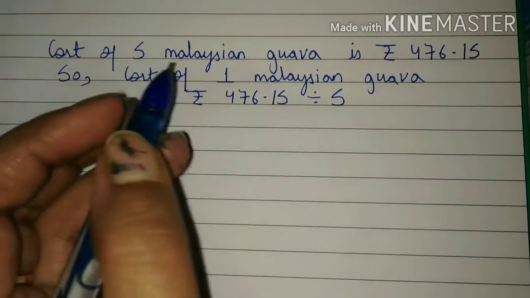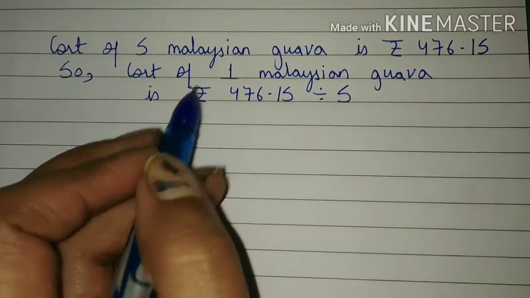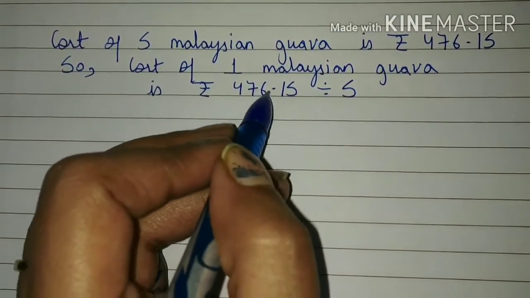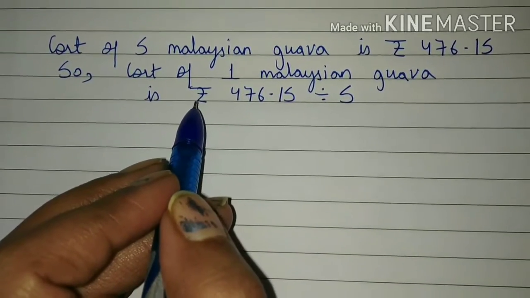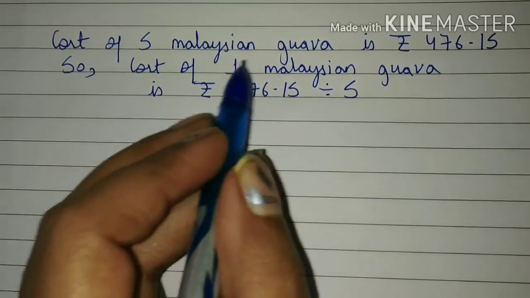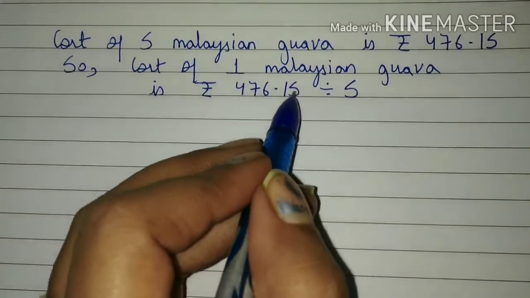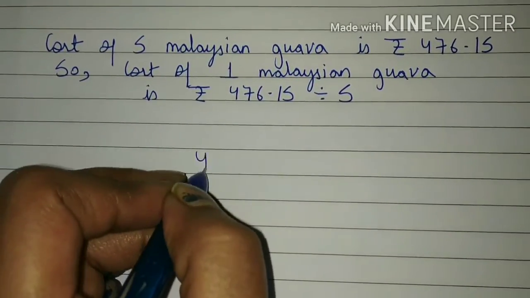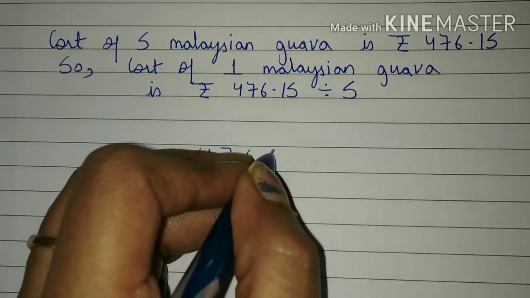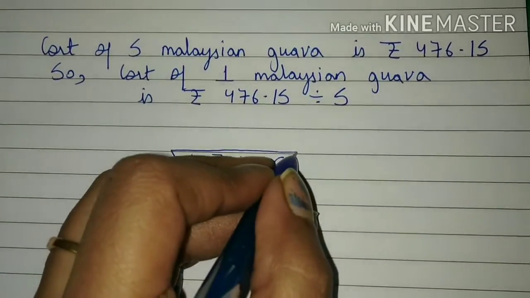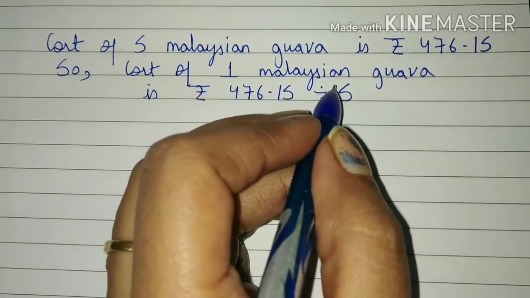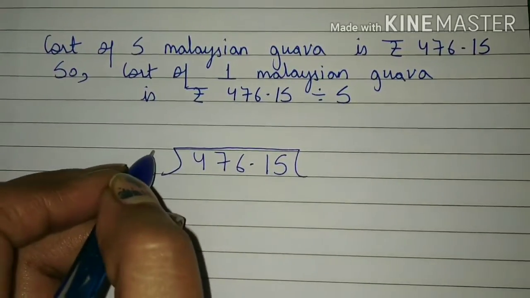Students, now we are going to divide rupees 476.15 by 5. So first of all, we will write rupees 476.15 here. After that, we will write 5 here.